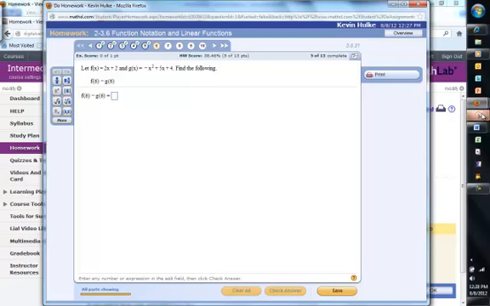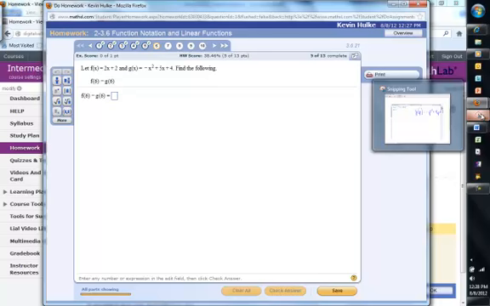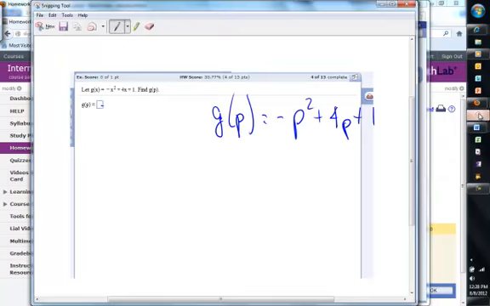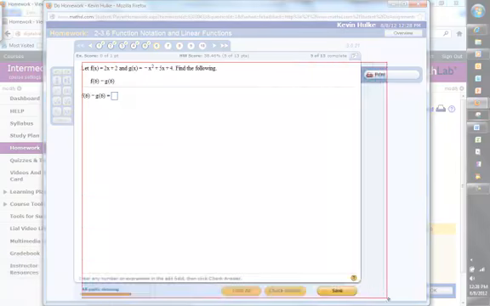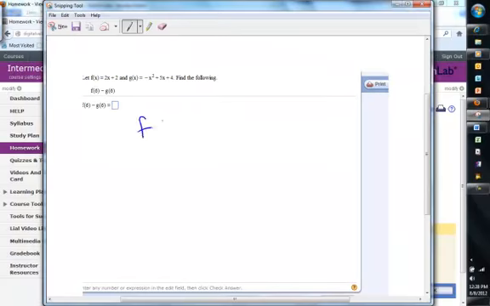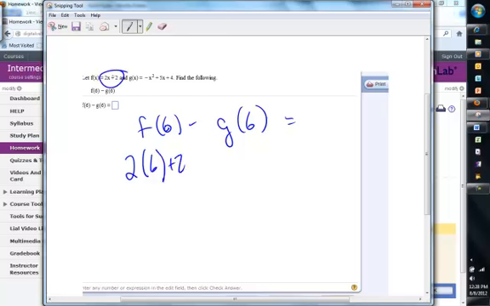Now we've got f of 6 minus g of 6. So it gets just a little complicated here when we do this. f of 6 minus g of 6. Okay, well, so it's 2 times 6 plus 2 minus negative 6 squared plus 5 times 6 plus 4.